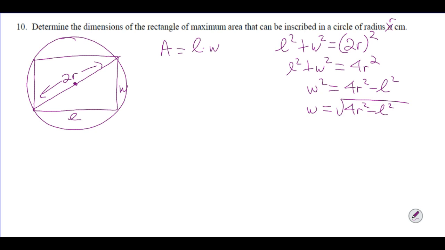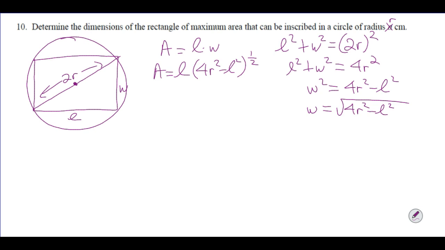It's the principal, positive square root, because this is a length. So now area is length times width, and the width is that to the half.